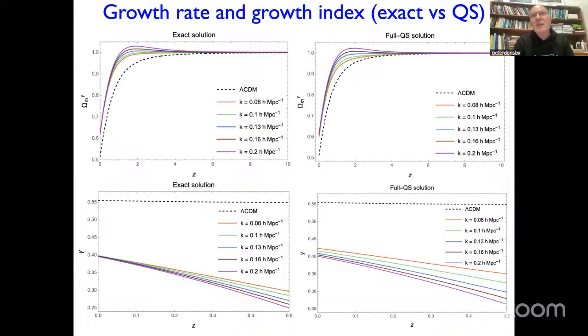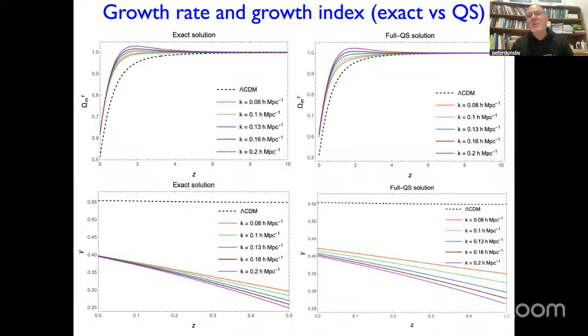In other words, what does that say about the class of f(R) theories that are consistent with that particular expansion history? So rather than go model by model and try to constrain cosmography for that particular model, we'd rather do things the other way around, where we take cosmography and try to constrain the gravitational sector.